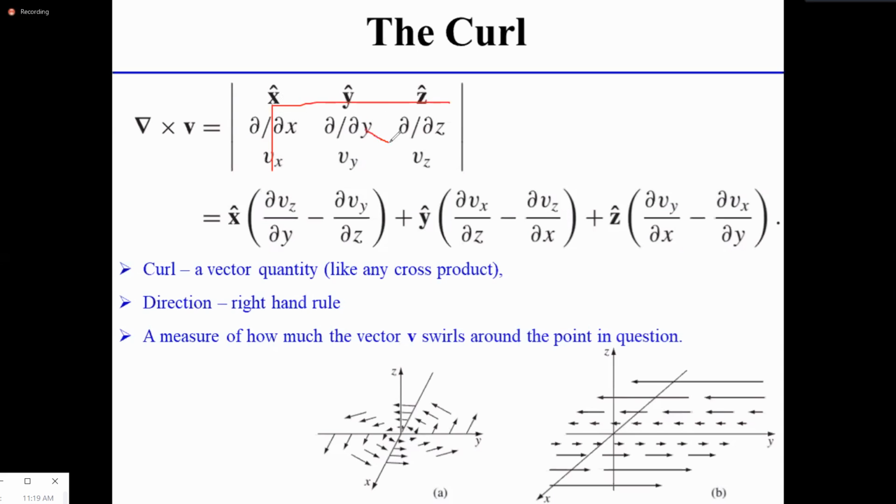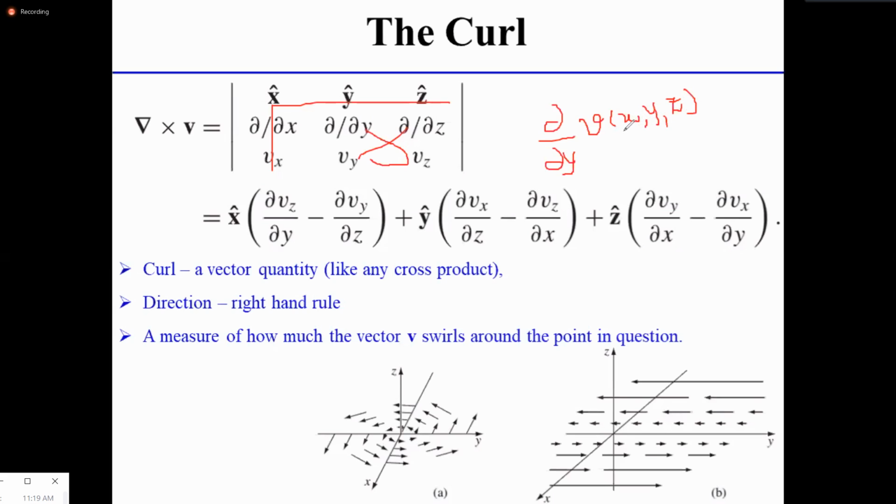You will have del Vz over del y minus del over del z of Vy. What is this term del by del y? Del over del y is actually the partial derivative of V. Like I told you earlier, V could be a function of x, y, and z.